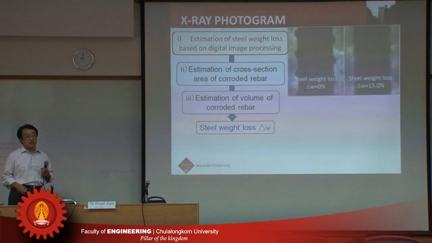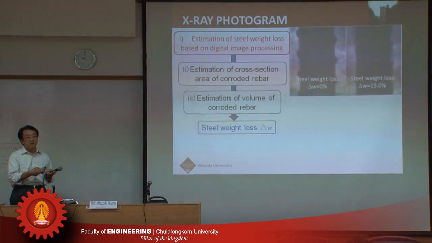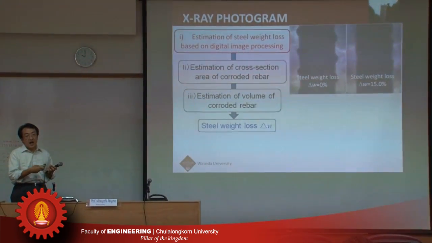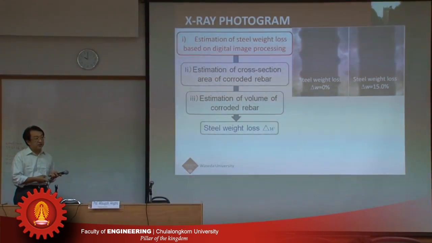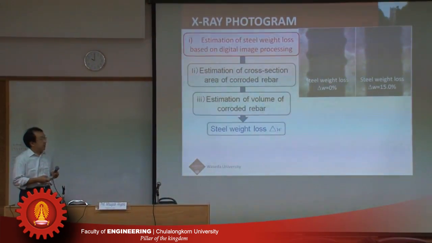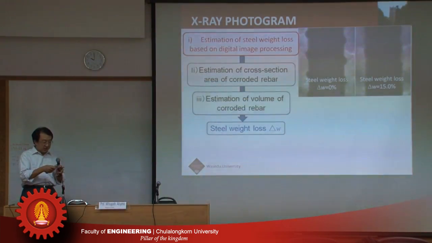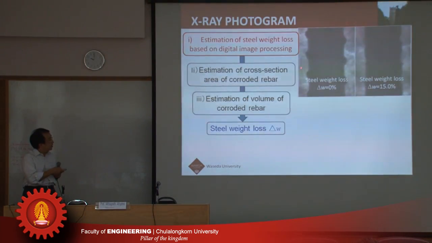However, the density of corrosion product is less than that of rebar and higher than the density of concrete. So the edge between concrete and corrosion product, and the edge between corrosion product and rebar, are very vague, very unclear on the X-ray photograph.